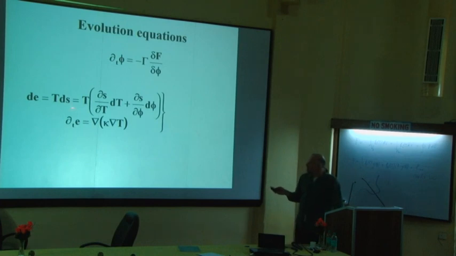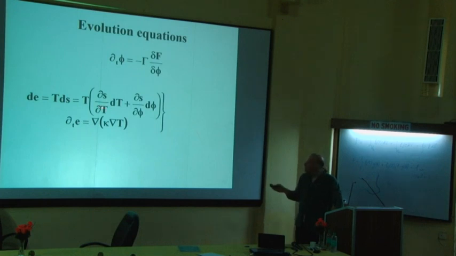And as I have shown you before, the entropy actually is a function both of the temperature and the phase field, because I have interpolated between the solid and liquid free energy with the help of the phase field. So here I use the chain rule. dS is equal to dS by dT times dT plus dS by d phi times d phi. So that's just the chain rule.